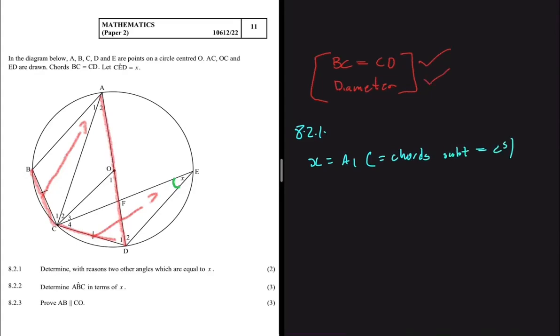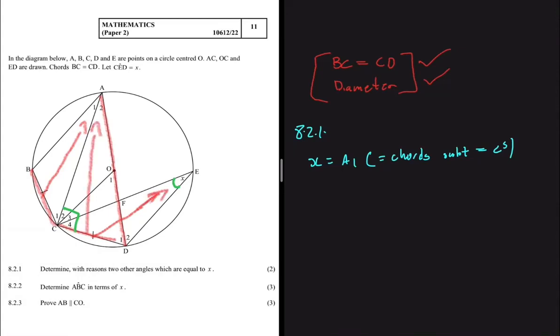Now let's look at our second keyword, diameter. What do we know about a diameter? All we know is that it subtends an angle on the circumference of a circle of 90 degrees. So this here is 90 degrees. But that's all we know, nothing else. So let's go back to our first keyword and see how we can use the chord to find another angle which is equal to x. You will now realize that not only does chord CD subtend this angle x here, but it also subtends this angle A2 here.